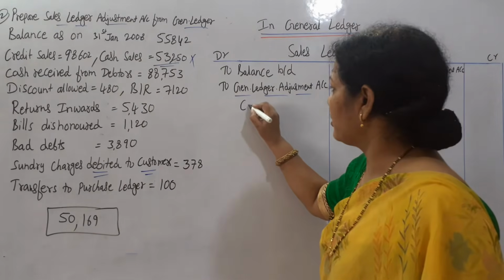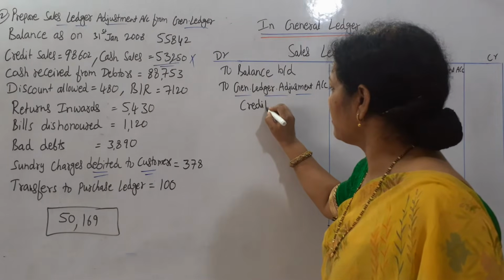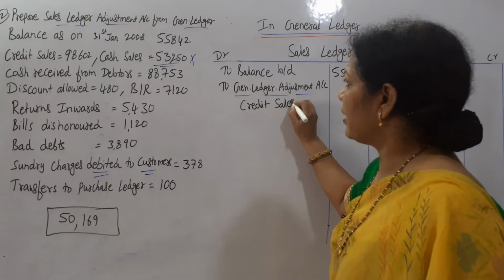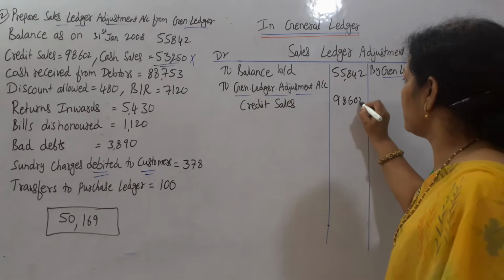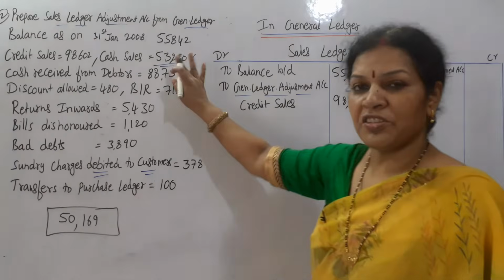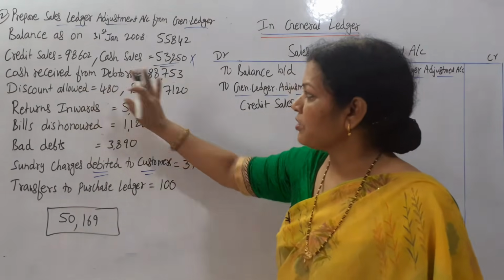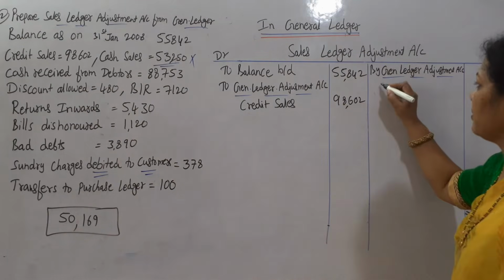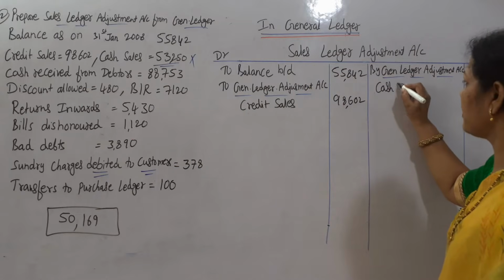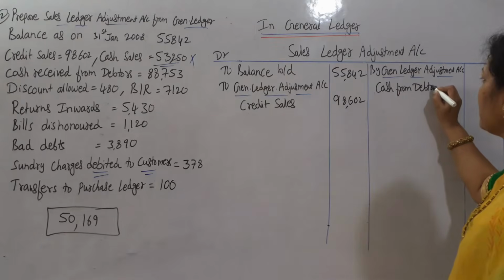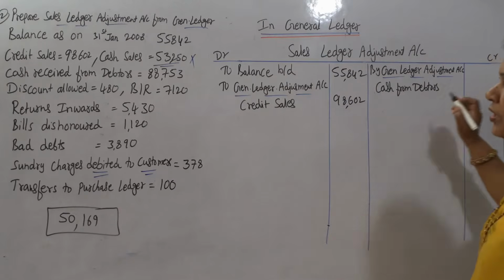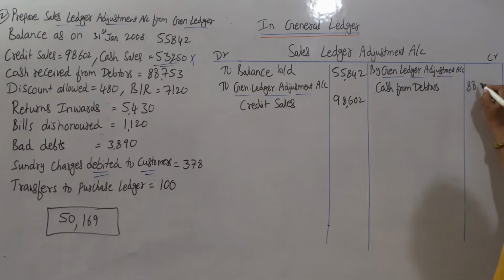So credit sales 98,602. Cash sales we don't take. Cash received from debtors, credit side. How much is it? 88,753.